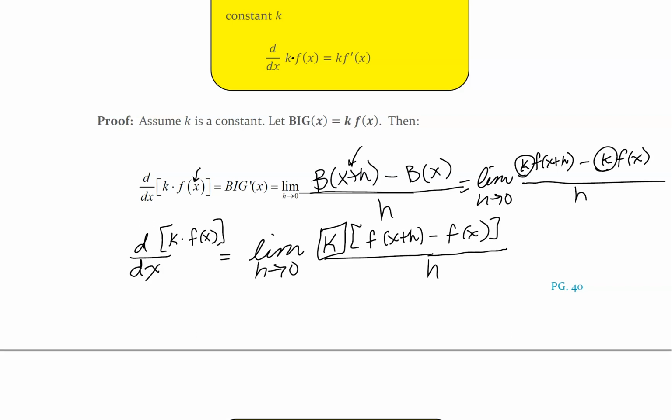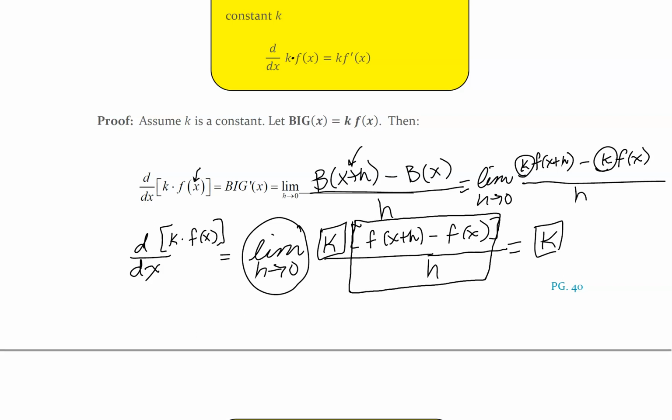Now that constant multiple, when h is going to 0, where does the constant k go? What's the limit of k as h goes to 0? Does it matter that h is going to 0? No, k is going to stay k. And the limit as h goes to 0 of this portion, as we recognize by the definition, is the derivative of f.